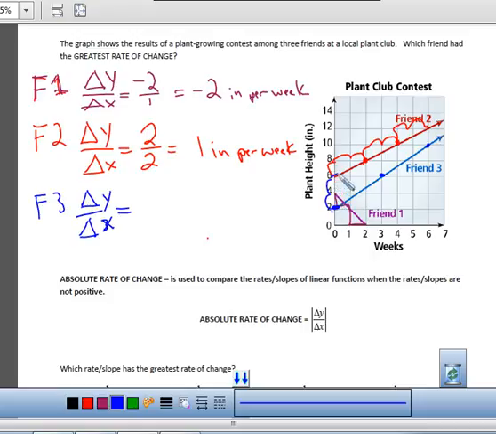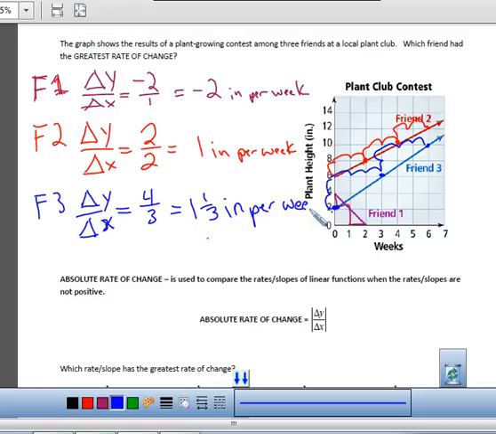So up 4 over 3. So positive 4 over 3. Now, for this, since we're comparing these 3, it may make more sense to turn it into a decimal or a mixed number, just because I need to be able to compare it. 1 1/3 inches per week.